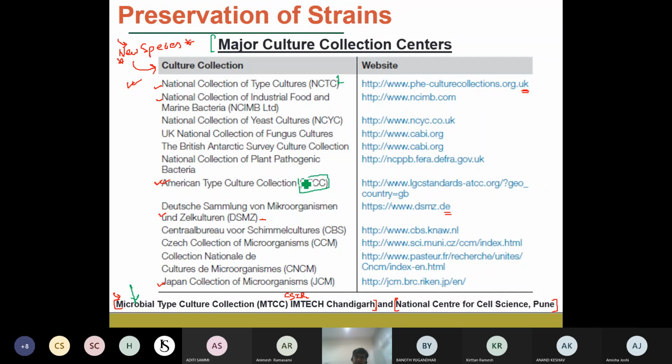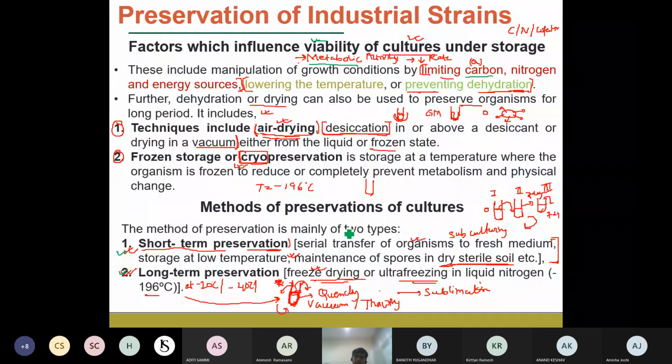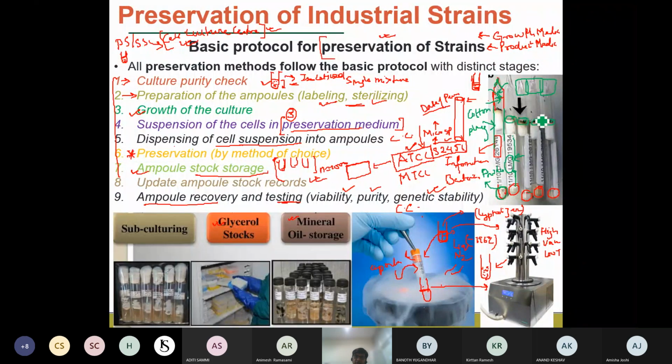Generally we have ATCC, or in the case of the Indian system, the MTCC. When you get these types of vials, it will be written MTCC and some number. The MTCC will give you the information of which collection center you have obtained your culture from, and the number 3126 will give you the information about the microbial strain.